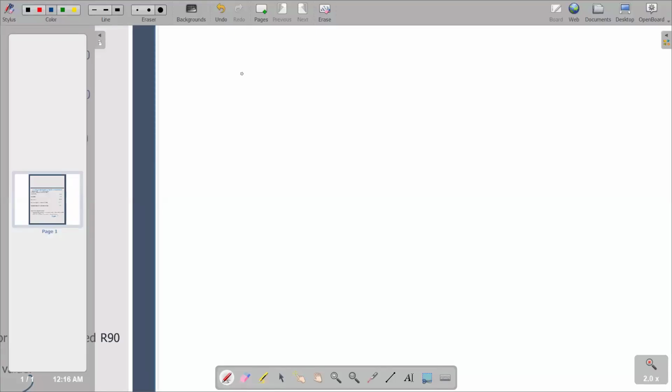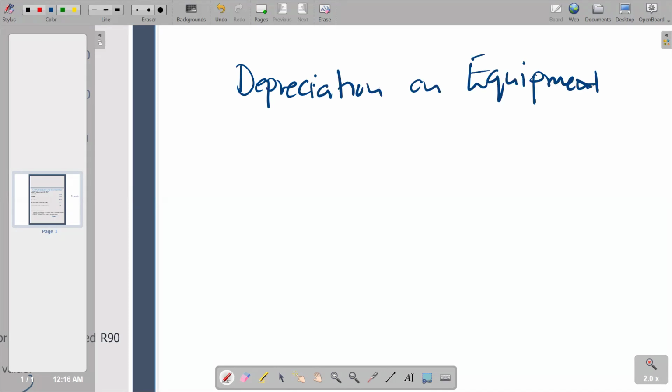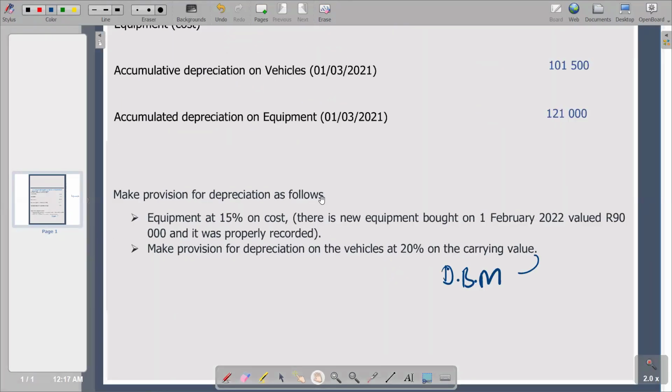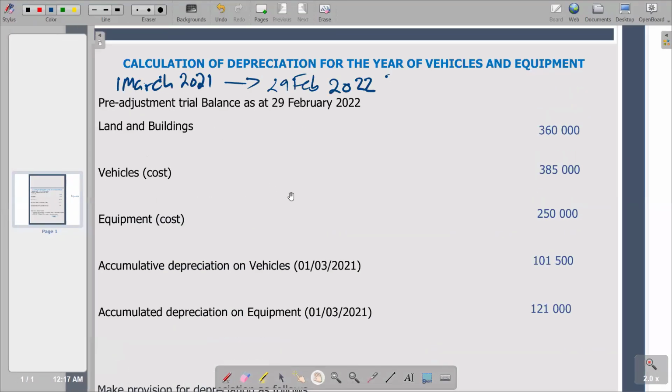So we are going to say depreciation on equipment. The figure that we are given is 15% on cost. So obviously we go there and see that the cost that we have is 385,000.